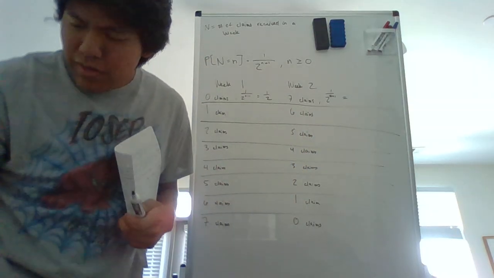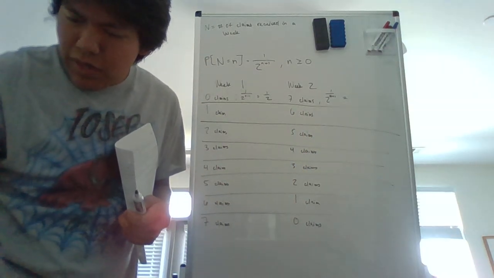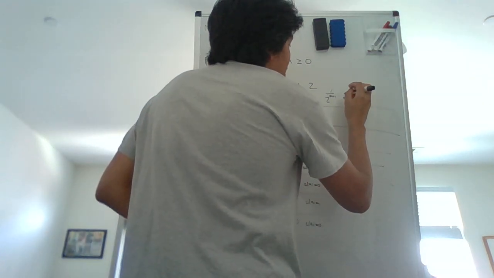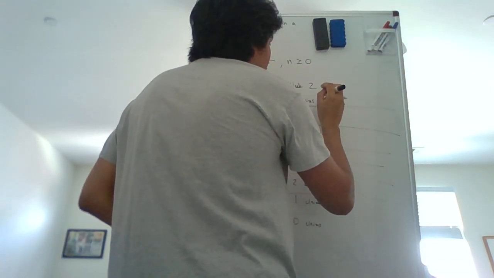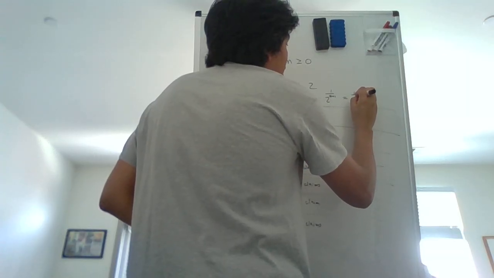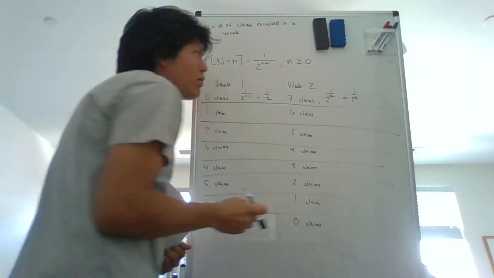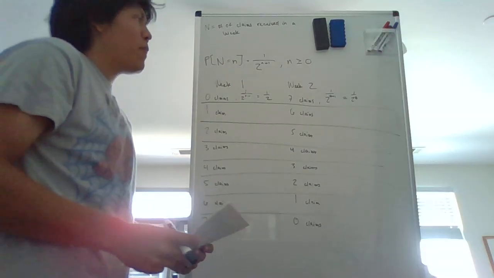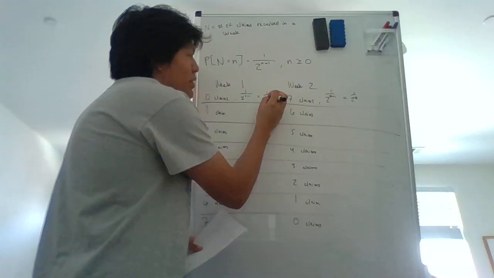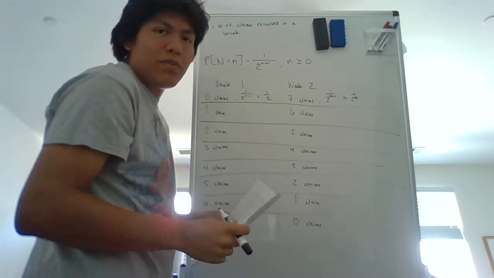Hold on. 2 raised to the 8th. 256. So we'll keep it 1 over 2 to the 8th, and you'll see why in a second. And we'll just explicitly say that there's a 1 right there.